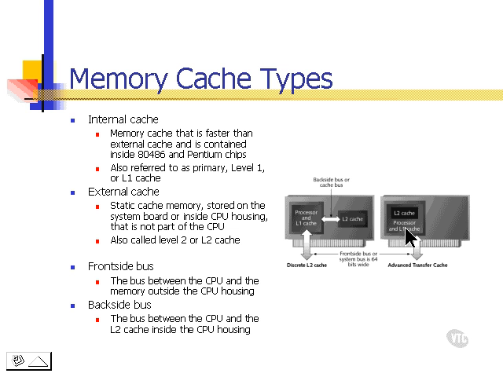A front side bus is a bus that connects L2 cache that's stored outside of the CPU housing to the CPU itself. A backside bus, or what's also called a cache bus, is a very short bus that connects the L2 cache stored inside of the CPU housing to the CPU itself.